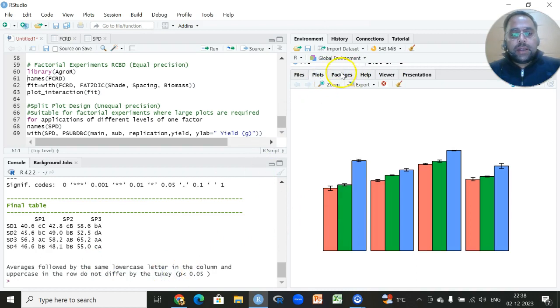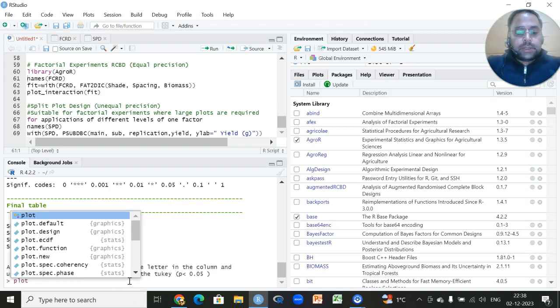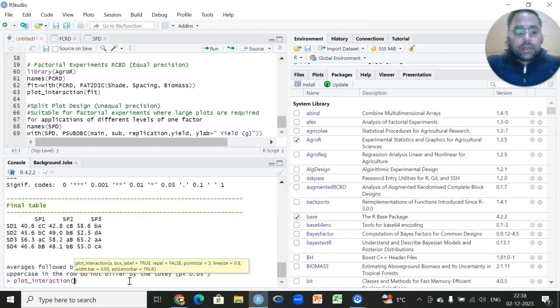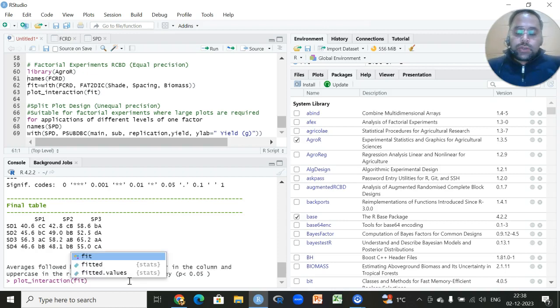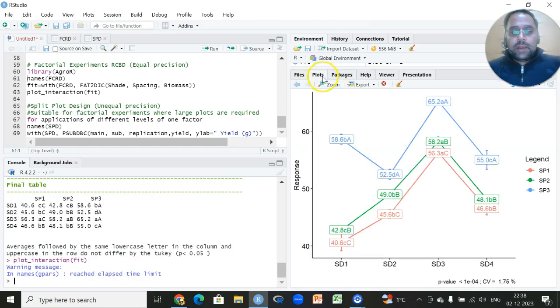If we want to see the interaction plot, we write plot_interaction, then the name we have given for this function. We will click on this and we'll have a plot here.